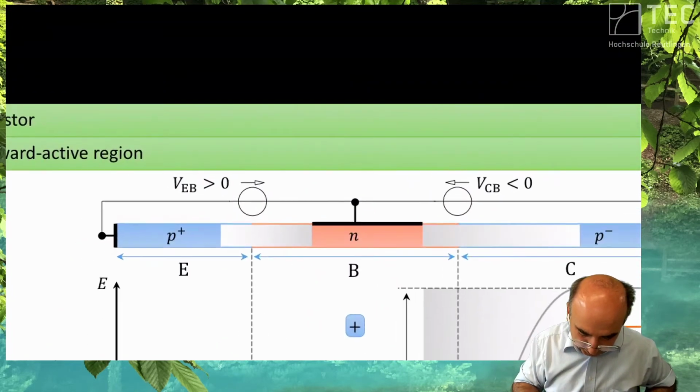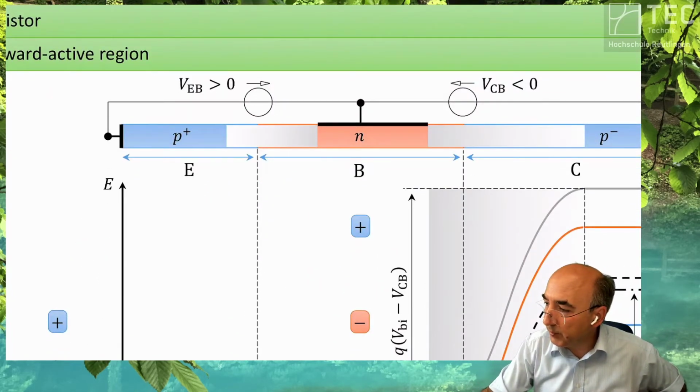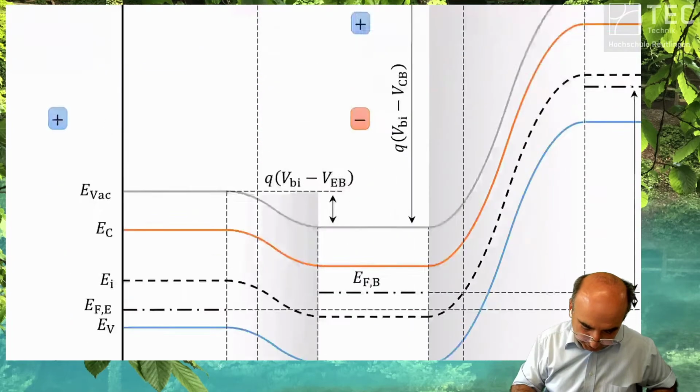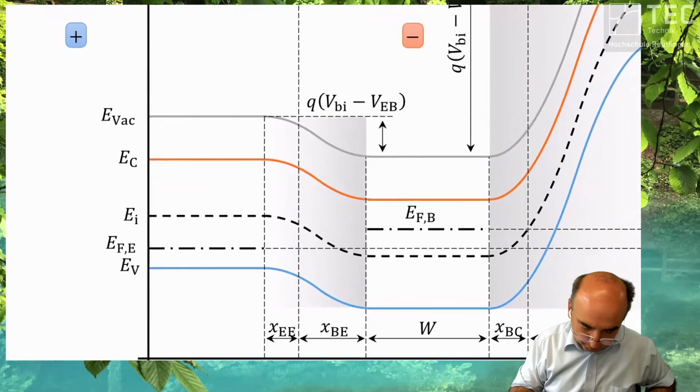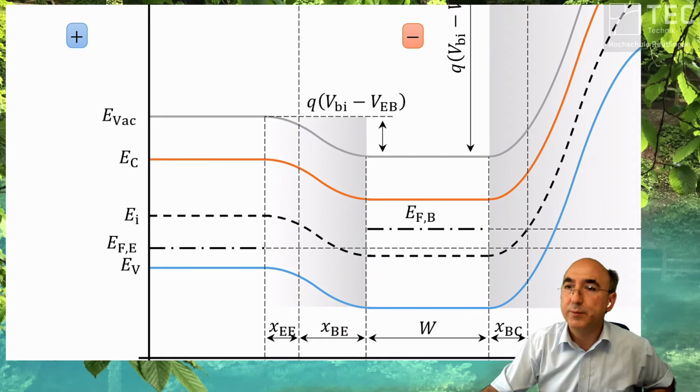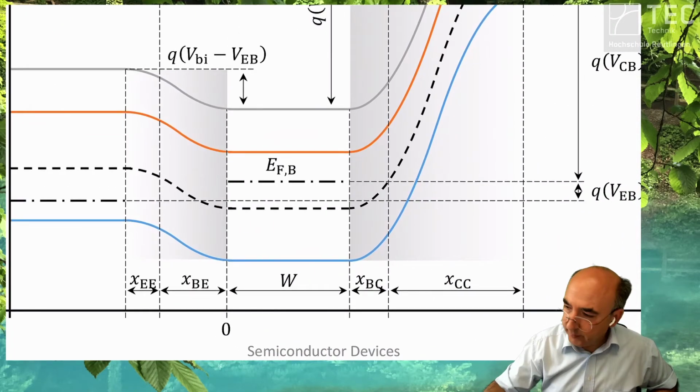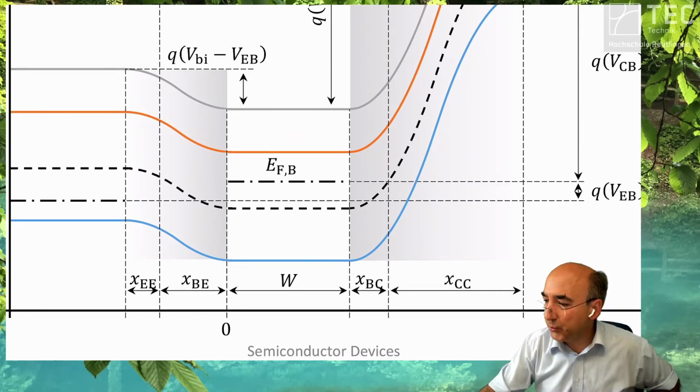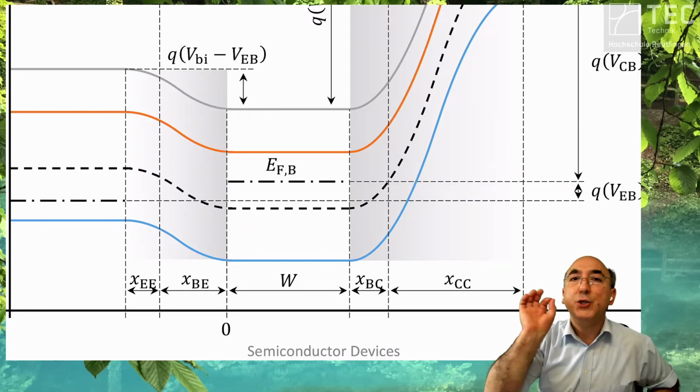A forward biased PN diode has a certain space charge, and this space charge makes you this lowered barrier for the holes to be injected into the width of the base. So the base area has a certain width, and this area is neutral.